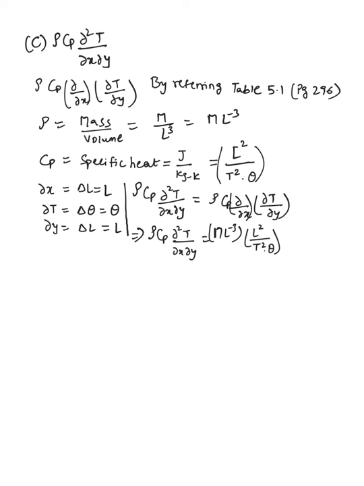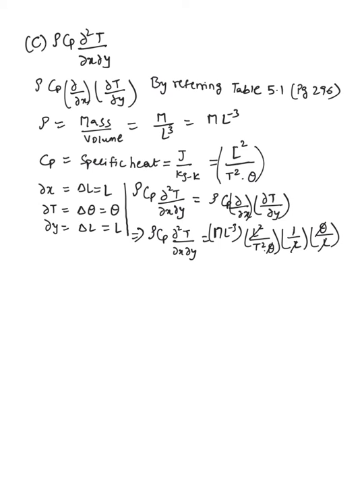Dou by dou x can be written as 1 divided by L. Dou T by dou y can be written as theta divided by L. Now, L and L cancel with L square.